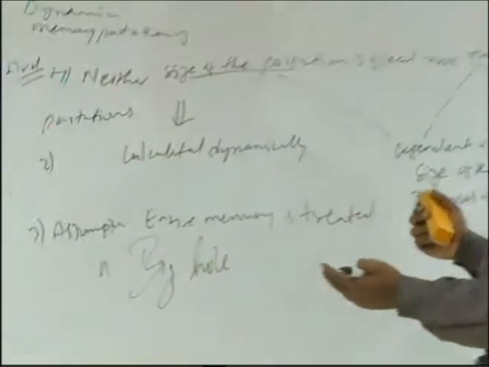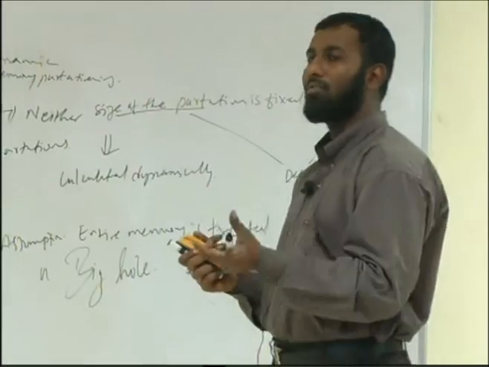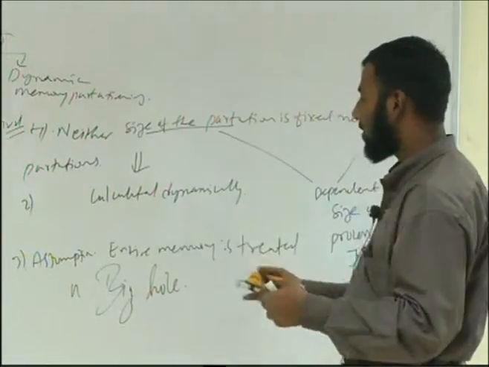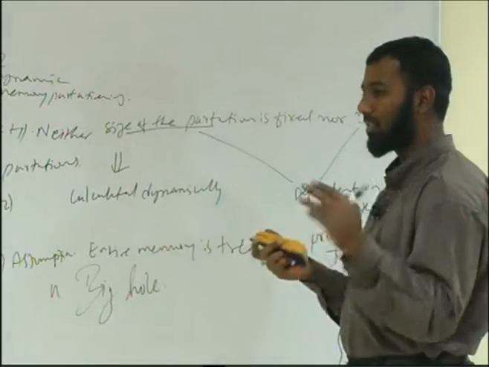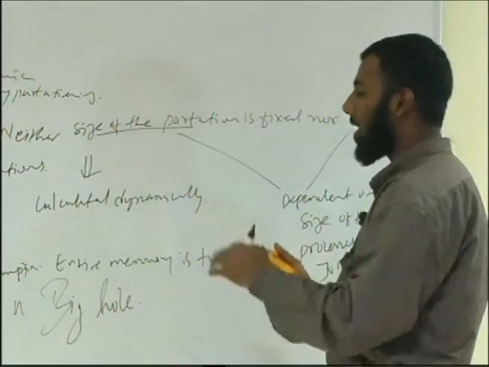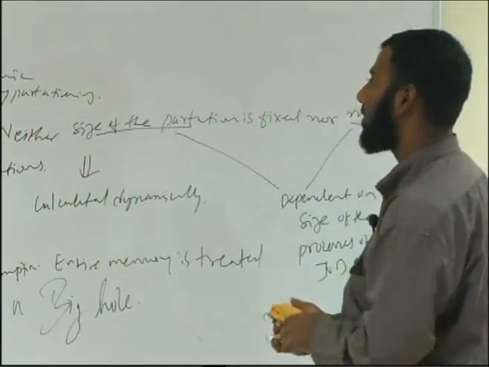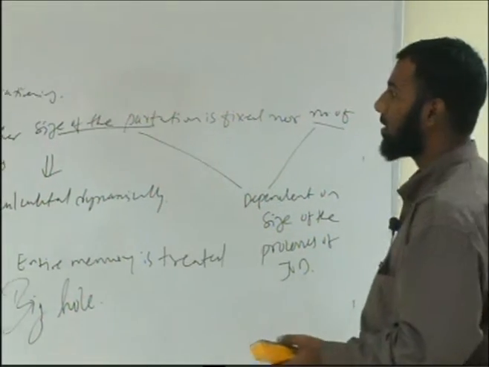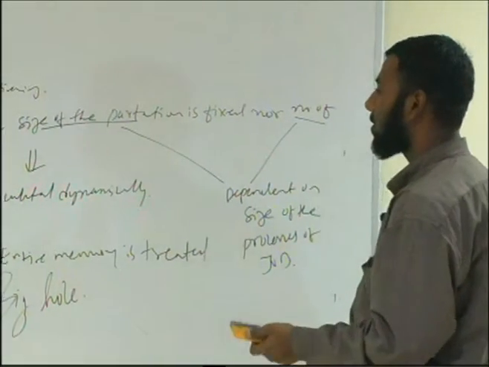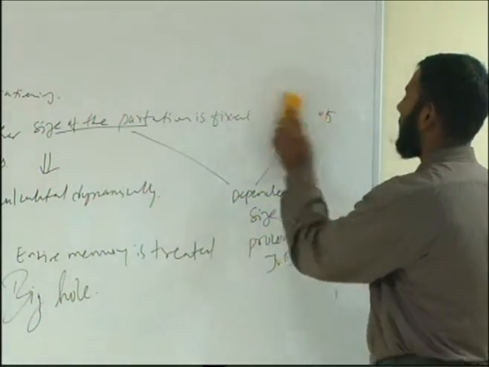Whenever any process wants to execute, the amount of memory it needs will be allocated from this big hole and given to that process. That process takes that memory, executes, and again returns it. When it returns, the size of the hole increases. Now there are a few problems with these techniques as well, and we'll see what those are, and how this dynamic memory partitioning technique works.